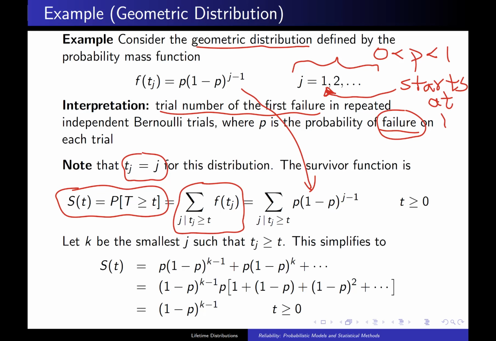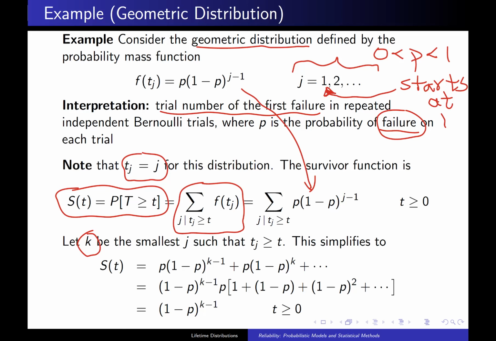However, if we're willing to throw in a little more notation and let k be basically the lower limit in that summation, this summation is going to go from k down on the bottom up to infinity.